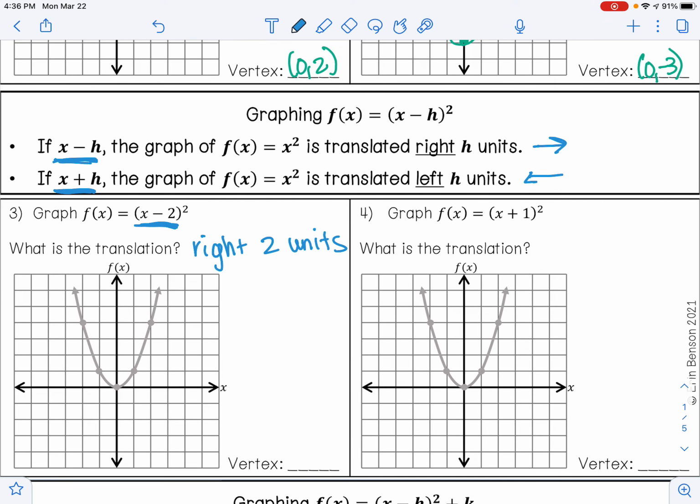And so I'm just going to shift each one of these points right 2 units. 1, 2, 1, 2, 1, 2. And then I'm going to go ahead and connect these points to create the parabola. The vertex of the translated function is the point 2, 0.